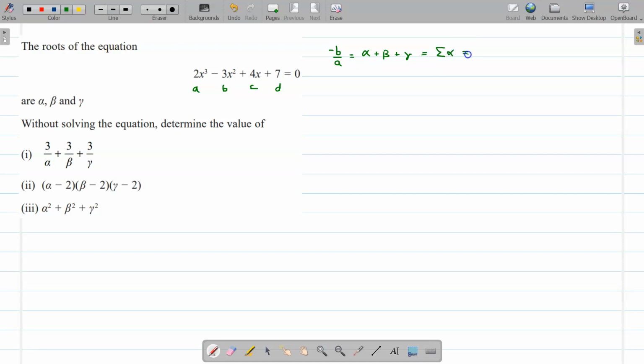We know that that's going to be the negative of -3 over 2, so that's just going to be 3 over 2.